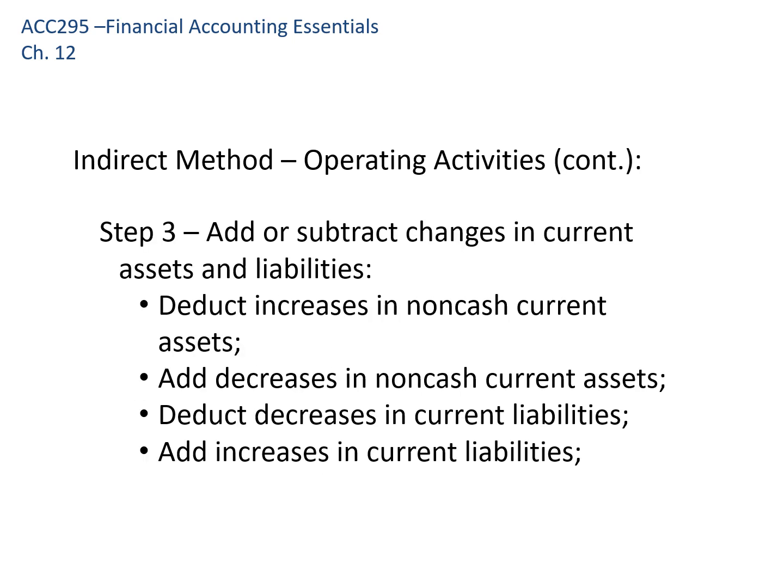Next, I'll add or subtract changes in current assets and current liabilities. So this is always a little bit confusing. So we're going to deduct increases in non-cash current assets. So if my accounts receivable increases, if my inventory increases, that has a negative impact on cash.